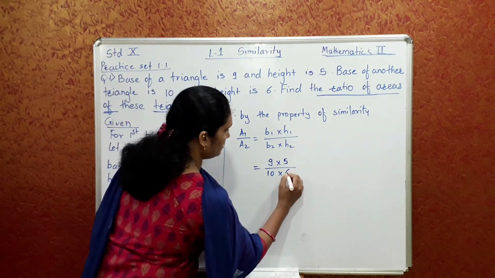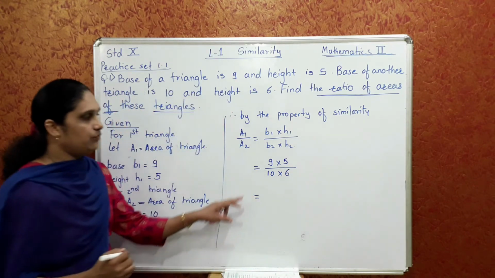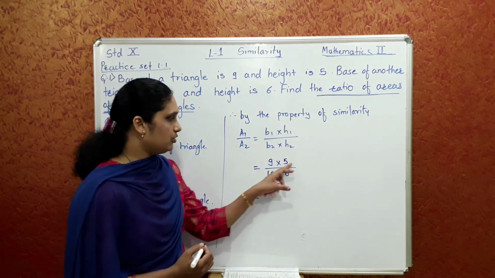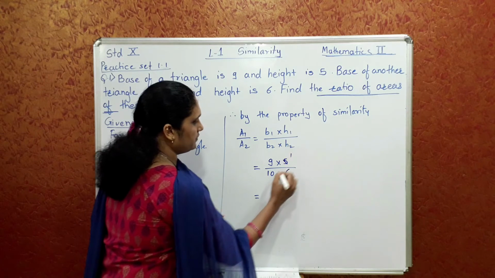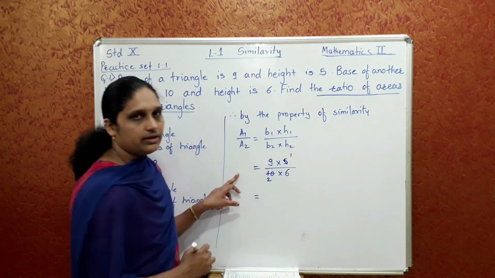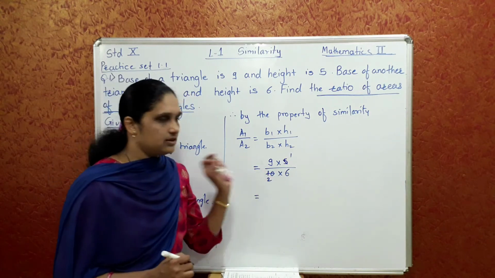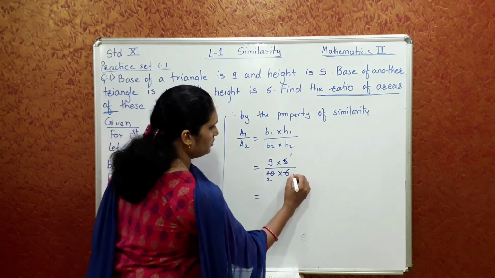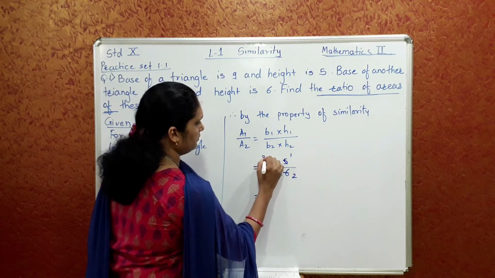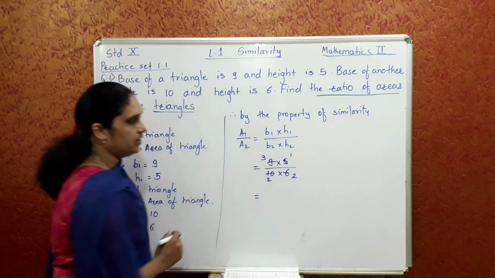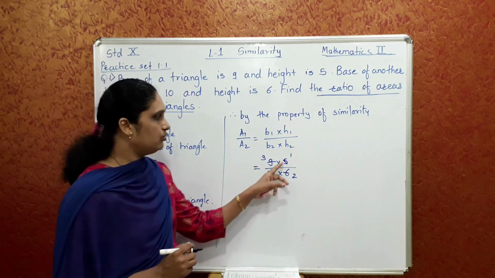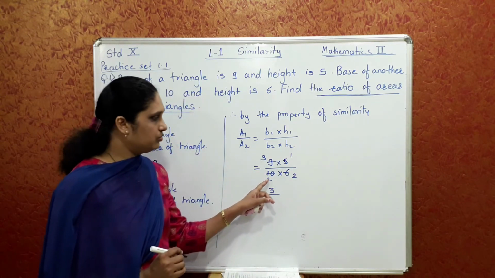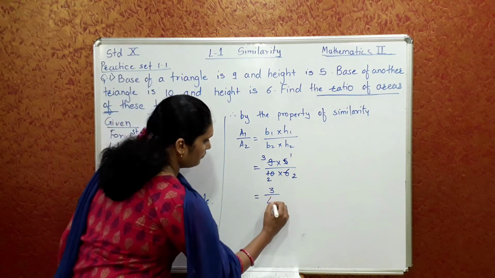Now here if you observe, diagonally I can cancel with 5. So I can cancel this. 5 ones are 5, 5 twos are 10. 9 and 6 both are in the table of 3, so 3 threes are 9 and 3 twos are 6. Now in the numerator 3 into 1 is 3, and in the denominator 2 into 2 is 4.